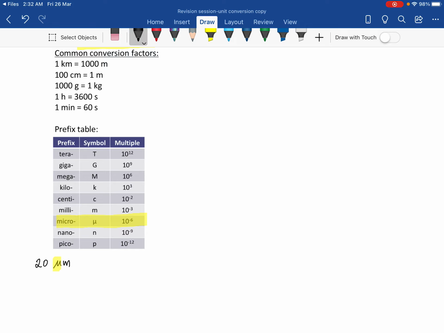So 20 micrometers essentially means 20 times 10 to the minus 6 meters. So when you're converting between micrometer and meter, you use this prefix table to get the conversion factor. But usually the most common conversion factors I have highlighted here.